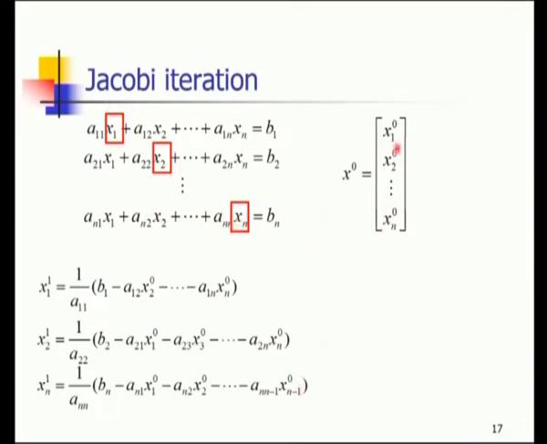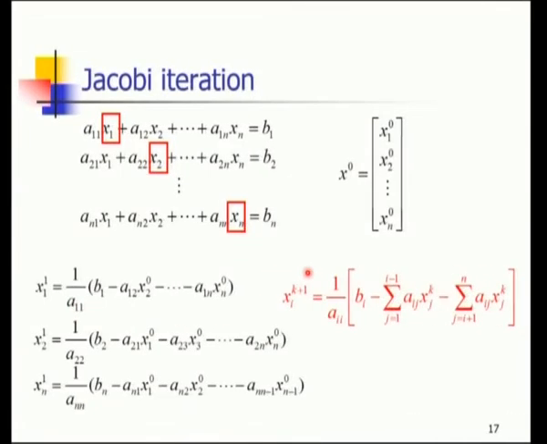Using the initial guess, we get the first iterate for the first variable x1, the second variable x2, and the nth variable. So this is the first iteration for the system. In general, keeping all the variables on the right hand side at the previous iteration k, we compute the (k plus 1)th iteration.